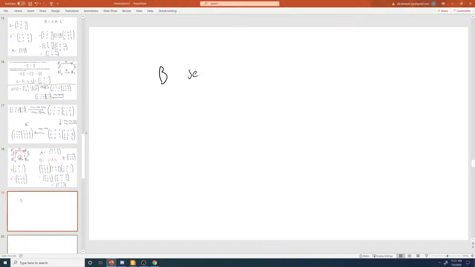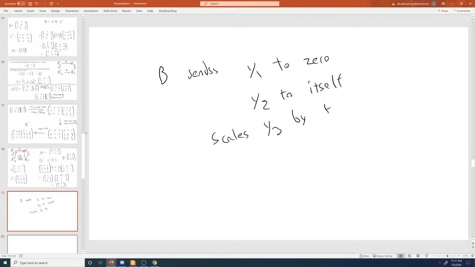B sends y1 to 0, sends y2 to itself, and scales y3 by 4.